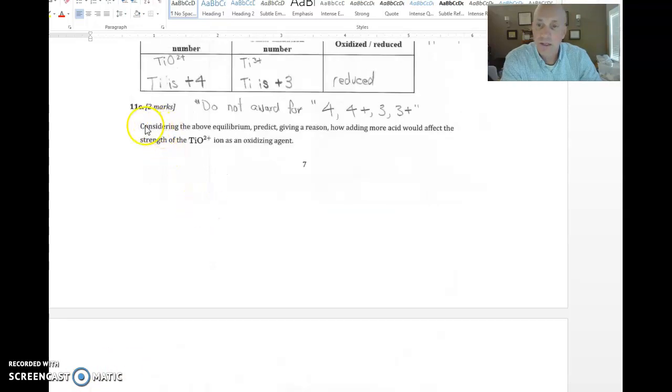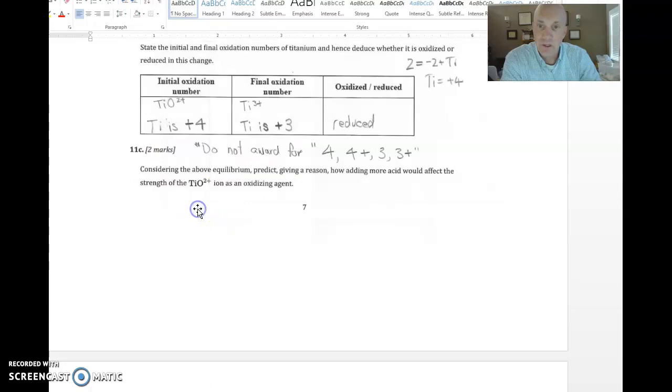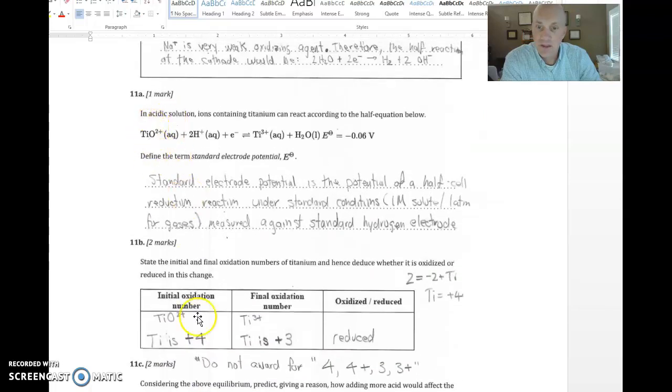All right, so in 11c, consider the above equilibrium, predicting, giving a reason how adding more acid would affect the strength of this as an oxidizing agent. All right, so again, you can see that this is getting reduced, which means that this is the oxidizing agent. And we can see, okay, well, this is just a simple application of Le Chatelier's principle.